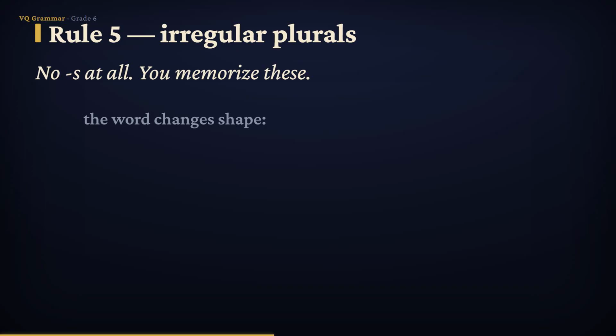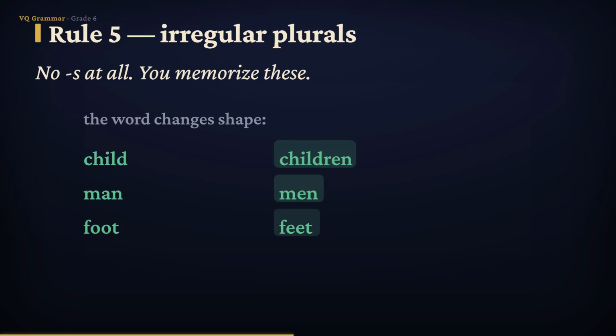Rule 5 is the wild one. Irregular plurals. These nouns don't take an S at all. They just change shape, and you have to remember them. Child becomes children. Man becomes men. Foot becomes feet.